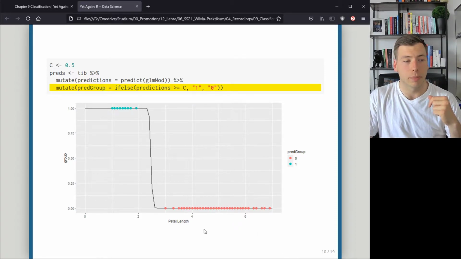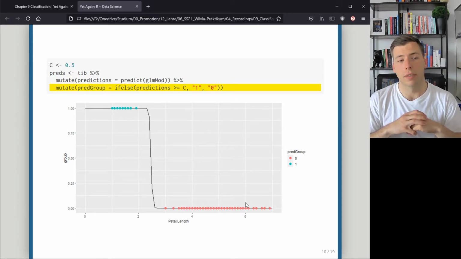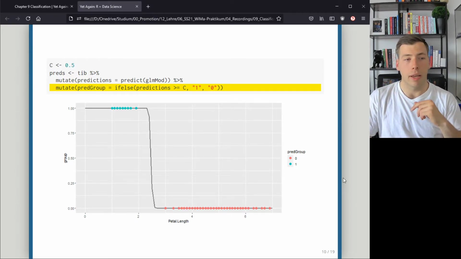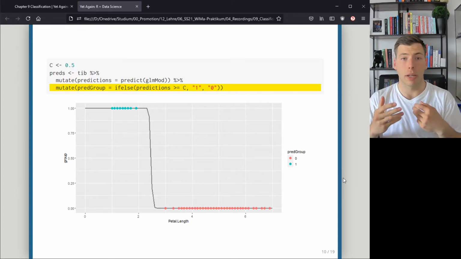As you can see here, the colors represent the predicted group, 0 for the red or orange, I don't know, red or orange points in any case. For these points here, which are also truly in group 0, these here are all correct. And these here are all correct, and what you see in between here is the fitted function. And yeah, this is basically how logistic regression works. This is how we can do classification with it.